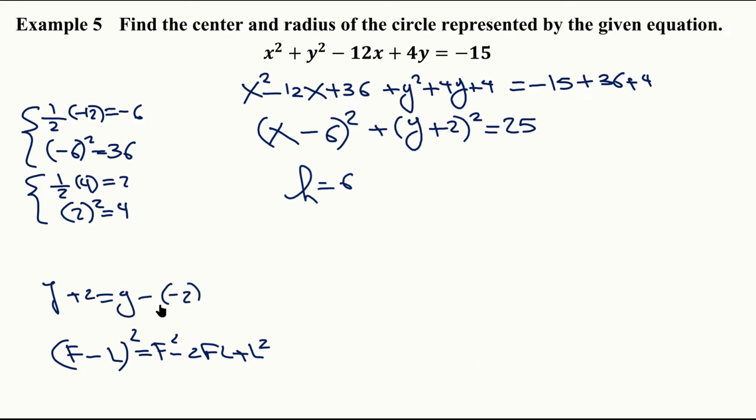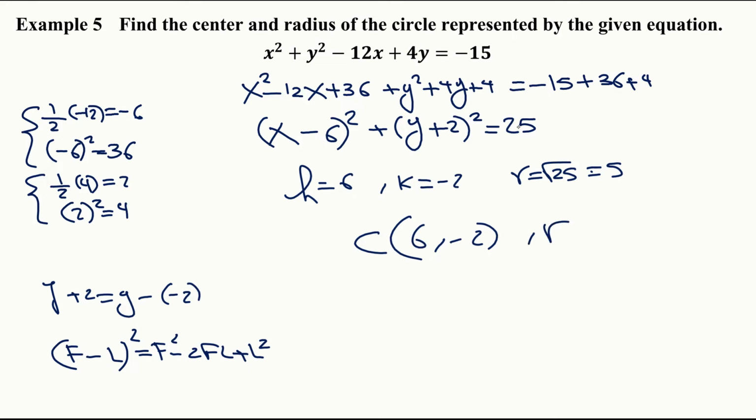So what would come after a minus would be a -2. So k is -2. And this is the square of r, so r would be the square root of that, so it would be 5. So the center is at (6, -2), and the radius is 5.